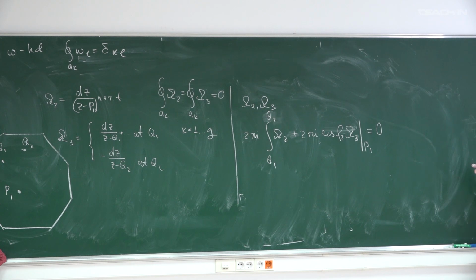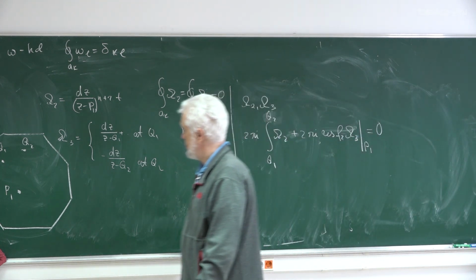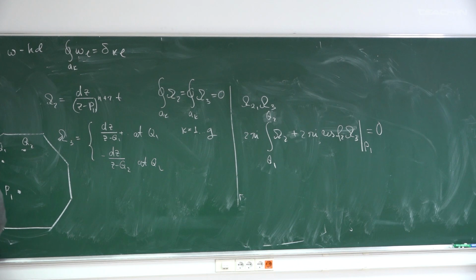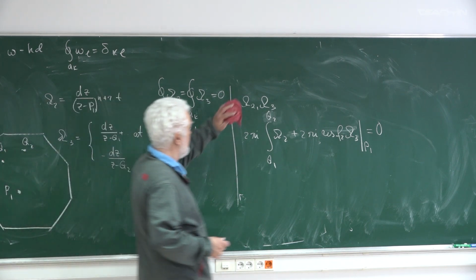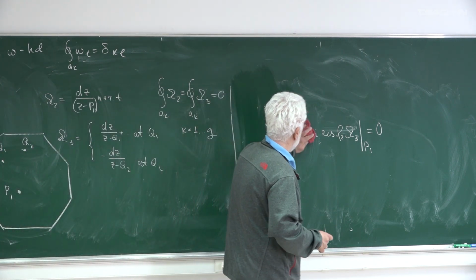You see? Because on the boundary all terms are 0, so we remain with this identity. Now maybe it's enough, and now let me do the following.